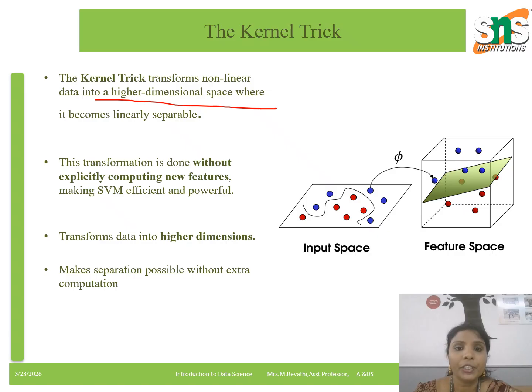In simple words, the kernel trick makes complex data easy to separate, without extra computations.